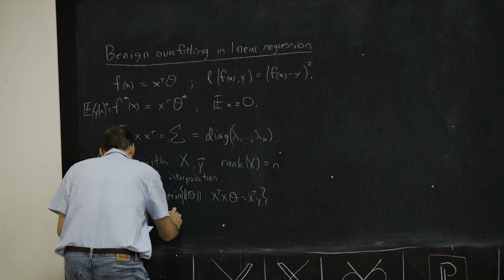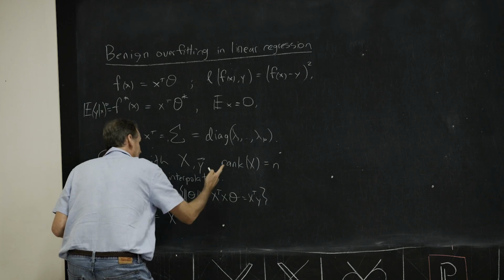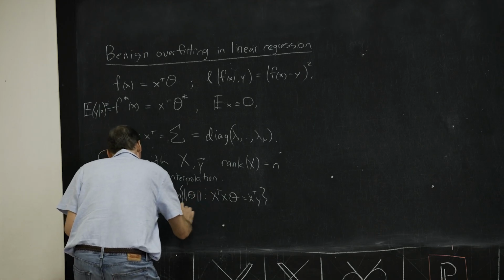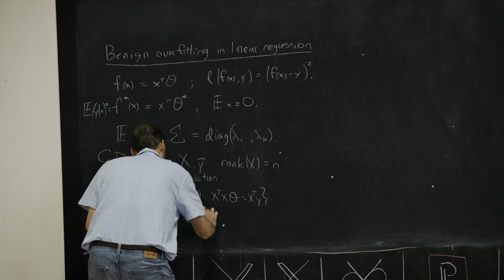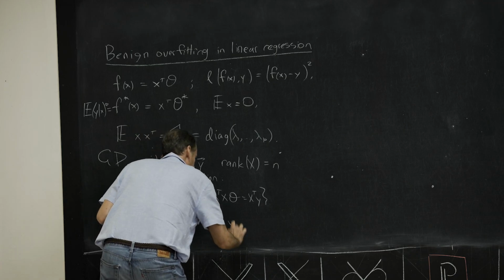In the rank n case, we can write it as x transpose, x x transpose to the minus 1, y.